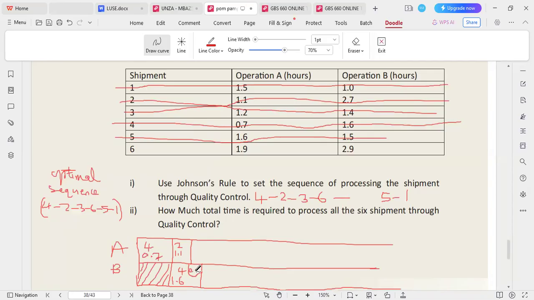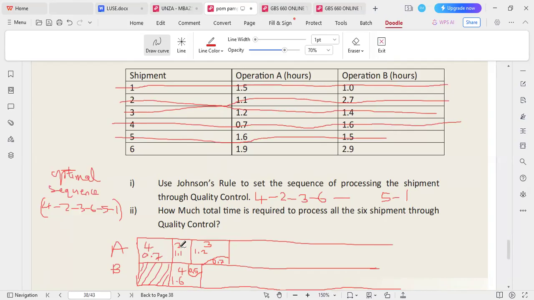And then these people in operation A should not wait. They can quickly switch to job 3. Job 3 is taking 1.2. So meaning this one is taking 0.7 hours longer than what is happening in B. Now job 4 has been fully completed.